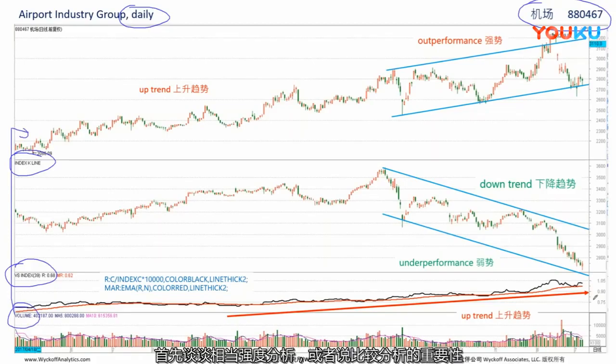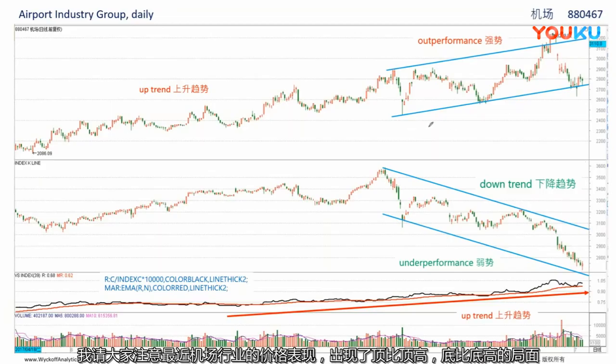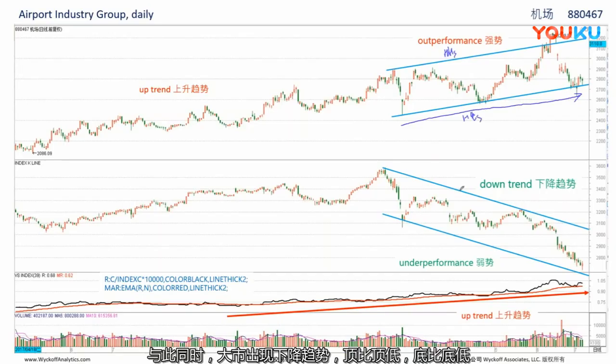So let's talk first about the reasons for our relative or comparative analysis. I want to point your attention to the latest price action that we see in the airport group, which is higher highs, higher lows, and then look at what the market is doing.